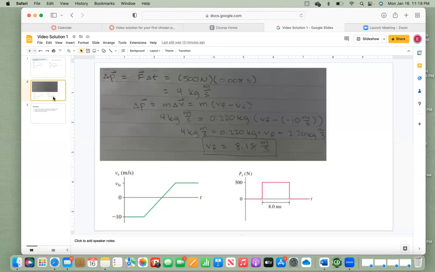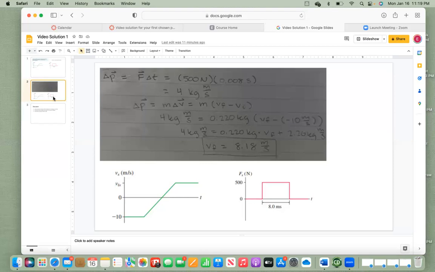And we're told that the mass is 220 grams or 0.220 kilograms. So since we just solved for the impulse, we can use that to solve for the final velocity, which is our only unknown now. And we get that to be 8.18 meters per second.